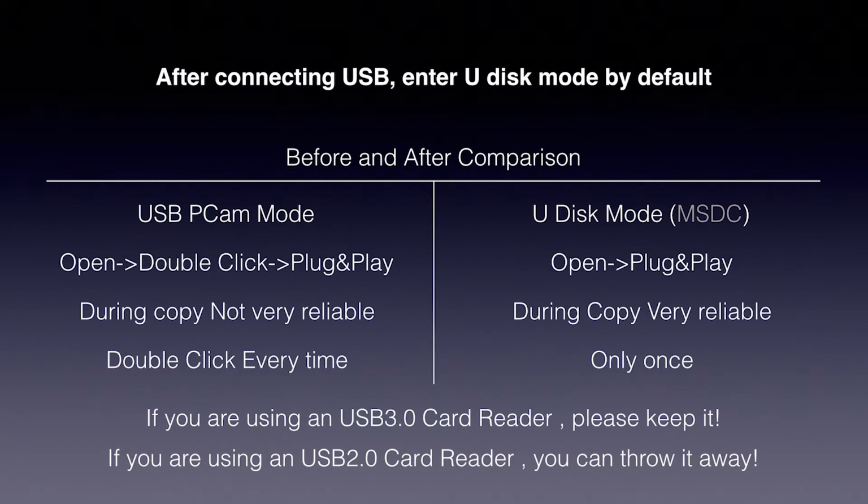But if you are using a USB 2.0 card reader, you don't have to use it anymore, because the camera itself has a built-in card reader for you, and every time you open the camera, you have the card reader in USB 2.0. So if you are still using a USB 2.0 card reader, you can throw it away at this moment.